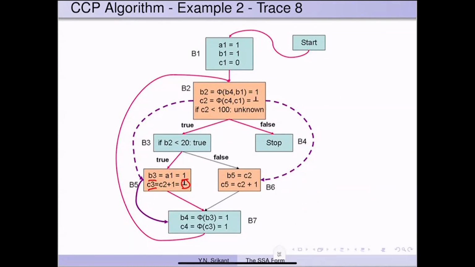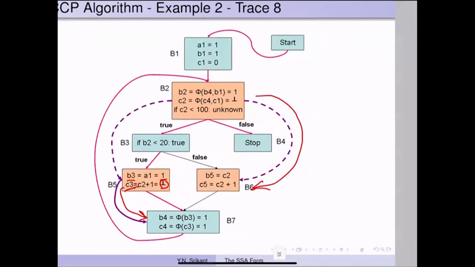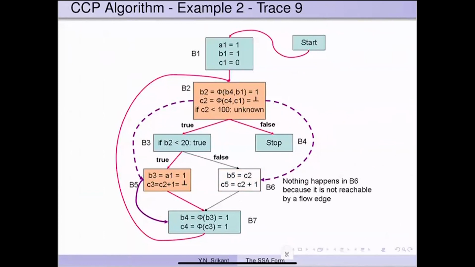So that value of C3 which has changed is transmitted using the SSA edge to the block B7. And this value is also transmitted to the block B6. So the block B6 has its value transmitted via the SSA edge, but we never had a chance to visit this along the execution edge.